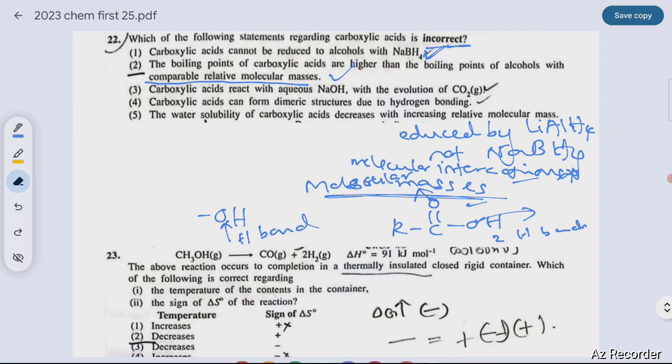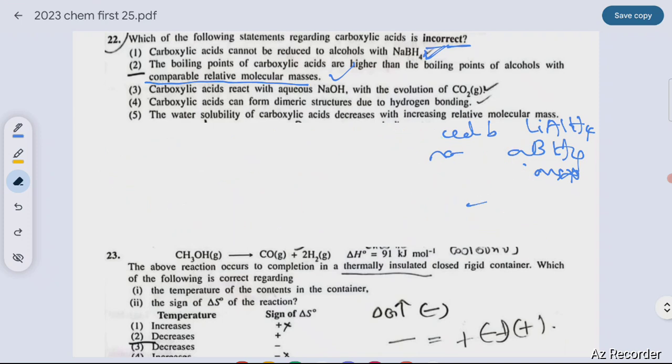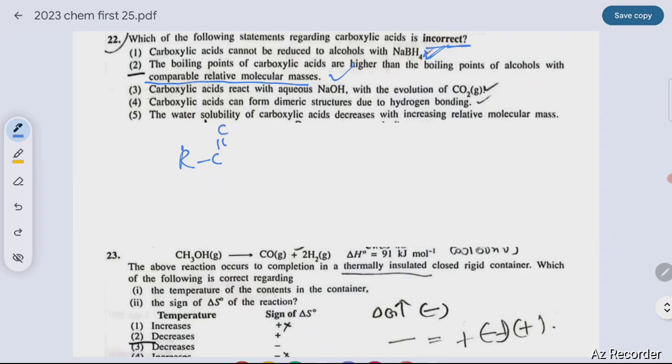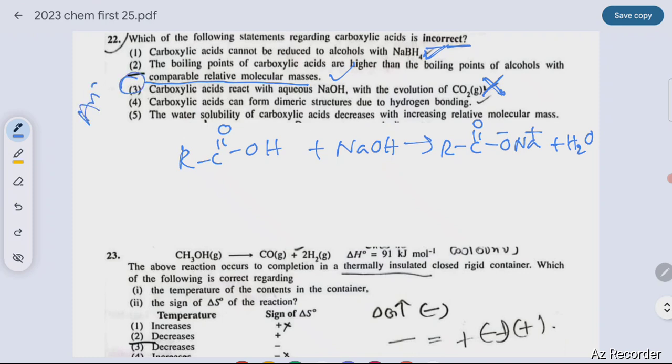If I erase this, carboxylic acids, we can take RCOOH with sodium hydroxide, which gives RCOO minus Na plus, plus H2O. So it does not give carbon dioxide. So this statement is wrong, and that is the answer. Third is the answer. Answer 3.